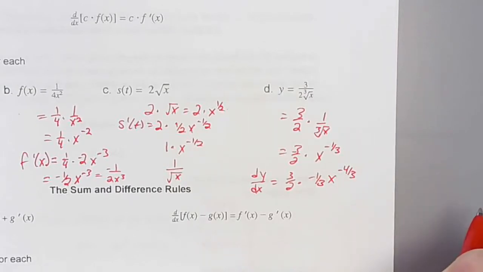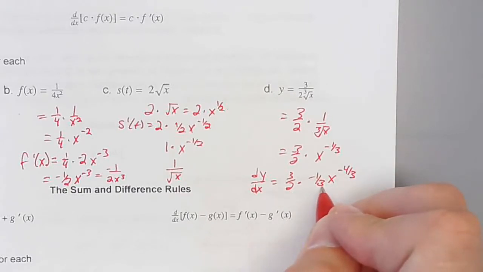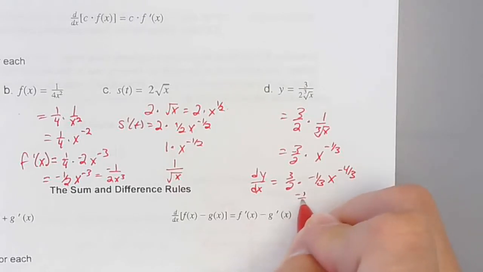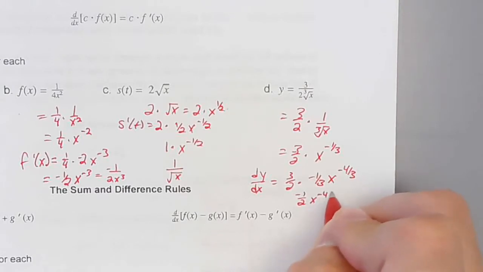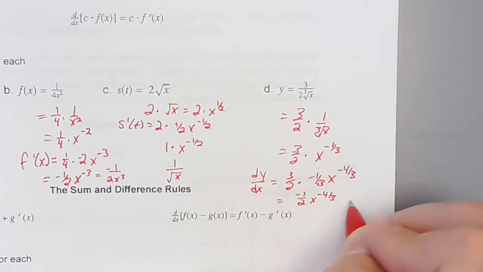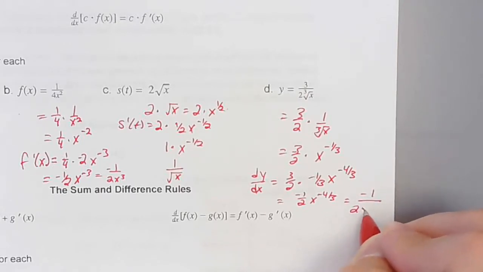If you notice, these are a lot like the problems from the last video. So now I take my 3/2 and my negative 1/3, and I'm going to get negative 1/2 when I multiply those numbers together. X to the negative 4/3, which is going to equal negative 1 over 2x cube root x, if you remember from the last video.